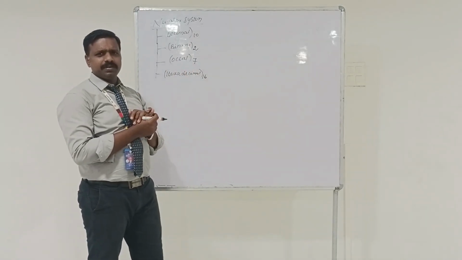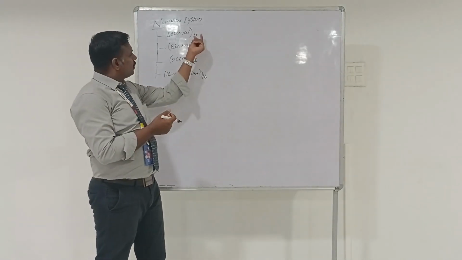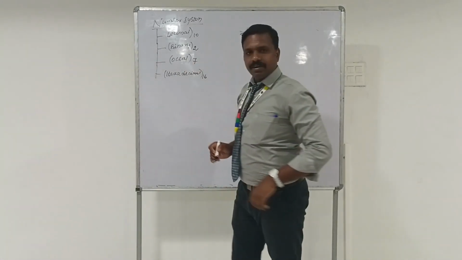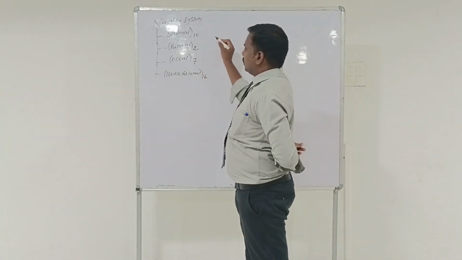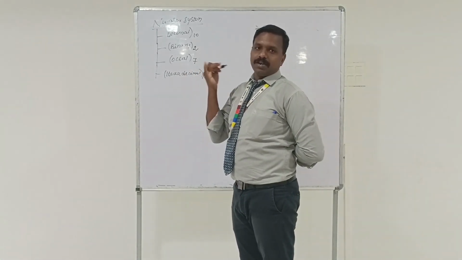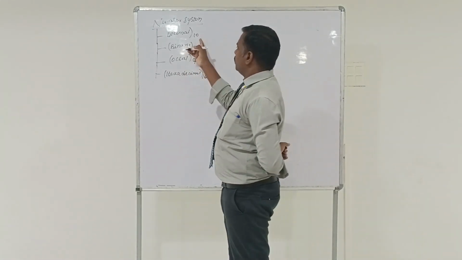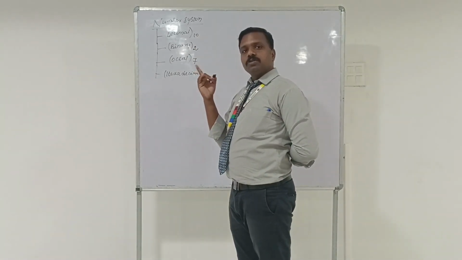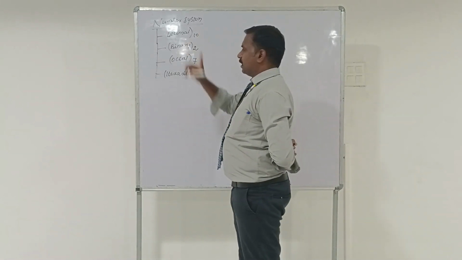Base value is nothing but the number of different digits used to represent that number system. For example, decimal has a base value of 10. It uses 10 different digits to represent the decimal number.